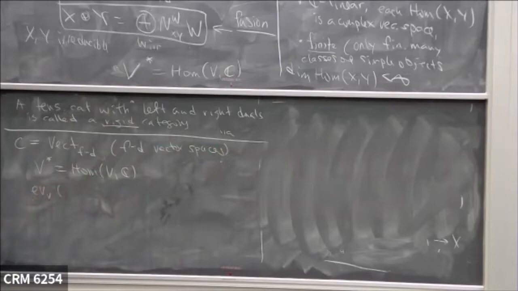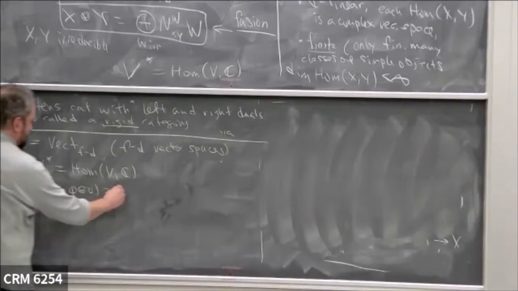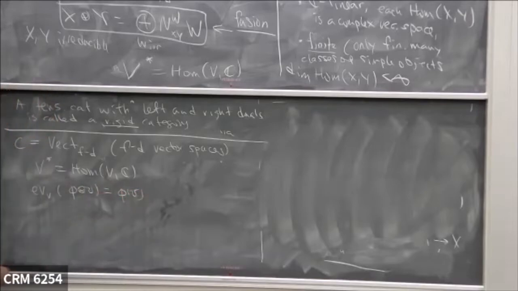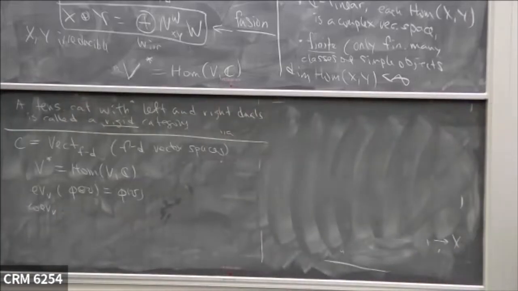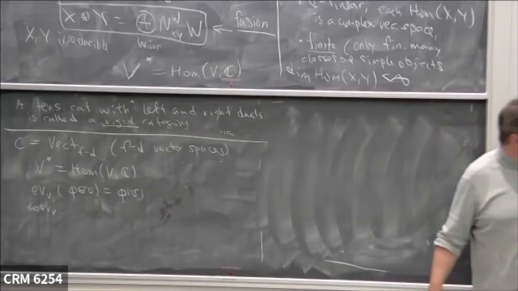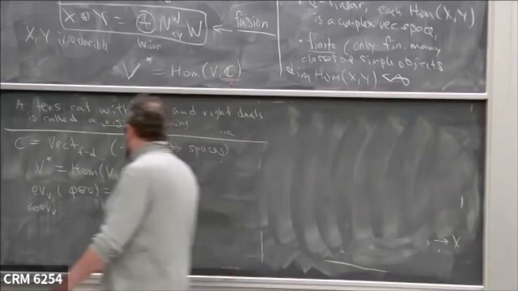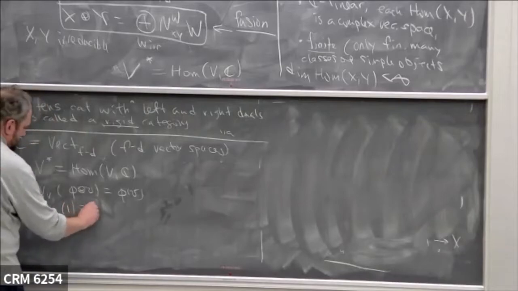You take a functional and a vector and evaluate one on the other. You get a scalar, that is, an element of C. Co-evaluation should take as an argument a scalar and return an element of V tensor V star. When we apply it to one, we set it to be like this.